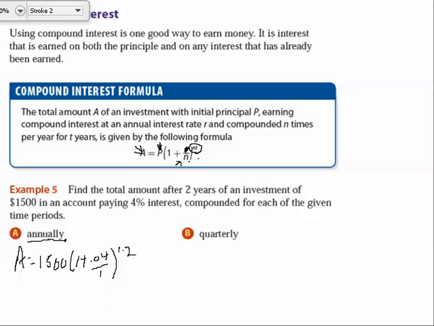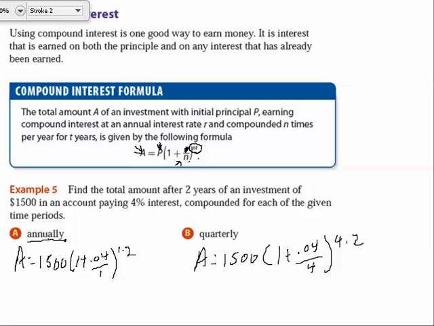That's easy enough to work out on a calculator. This other one over here, quarterly, A will be equal to 1,500 times 1 plus 0.04 divided by 4, quarterly means 4 times per year, raised to the 4 times 2.